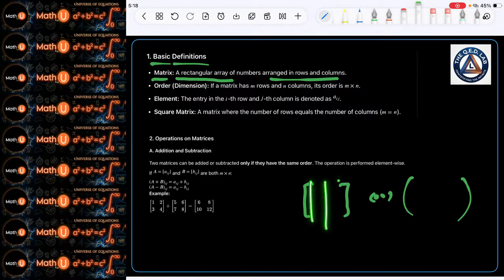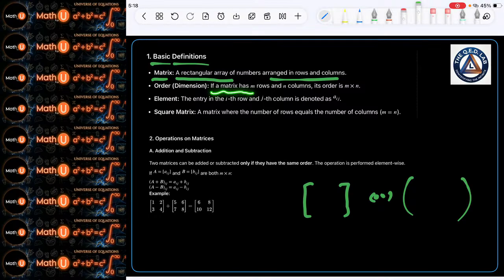If you arrange the numbers vertically, such vertical arrangements are called columns. Is it clear? And order, or it is also called dimension. In matrix language it is called order. When it comes to linear transformation, we call it dimension.